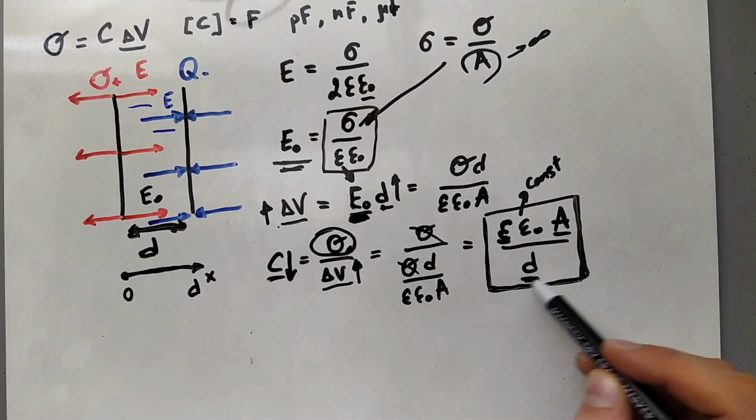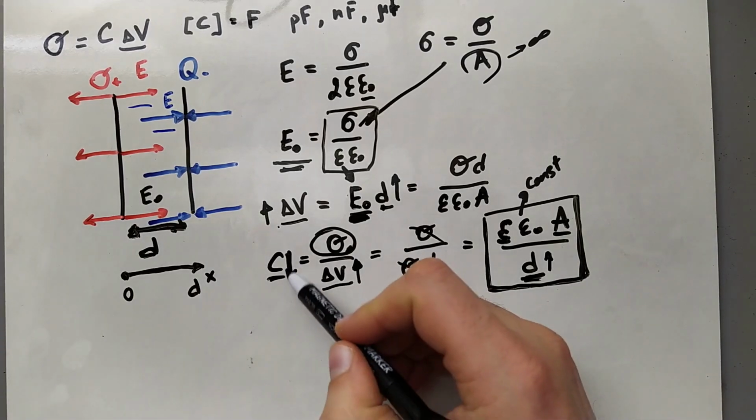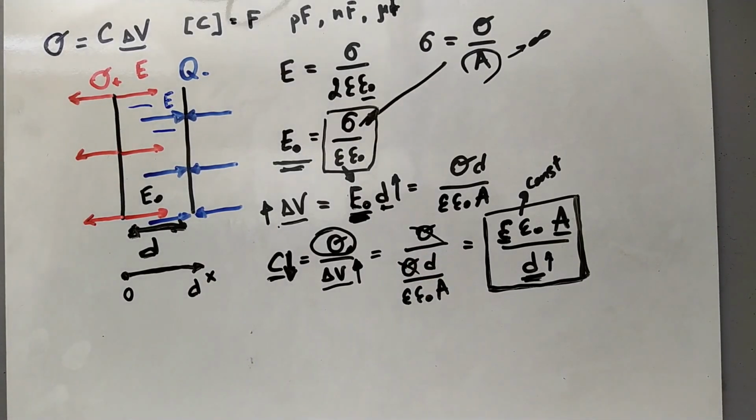That's why we have the distance between the two plates in the denominator, and as we increase it, capacitance goes down.